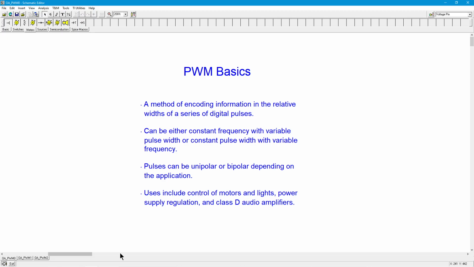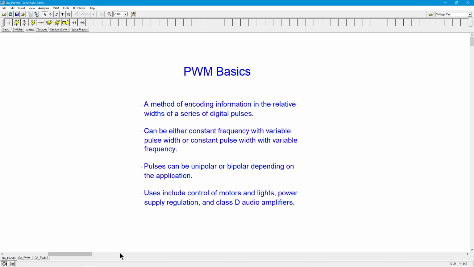Power supply regulation is another possibility. The bipolar type is ordinarily associated with Class D audio amplifiers. And I'm going to look at a simple circuit here to basically generate that kind of waveform.